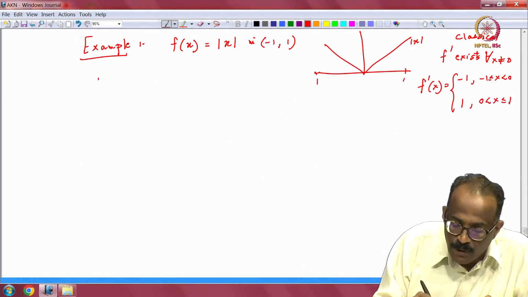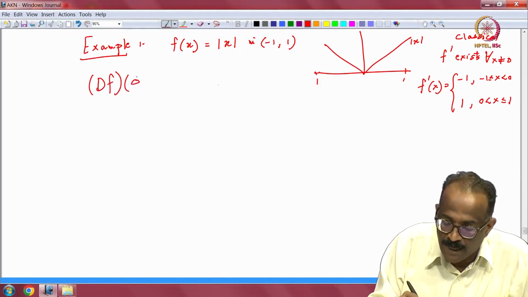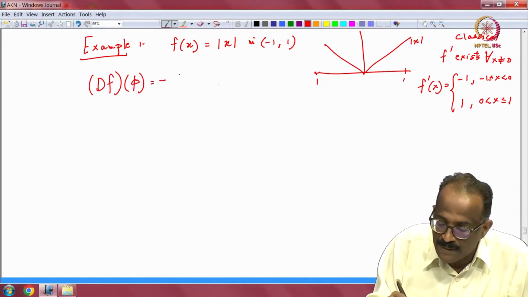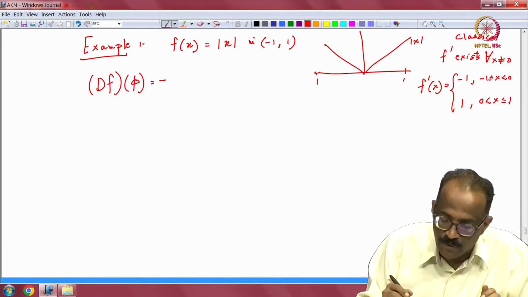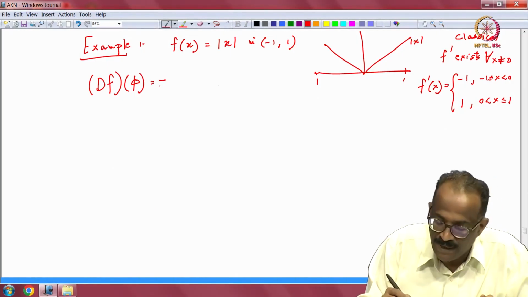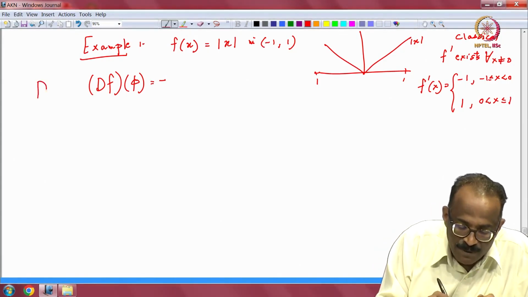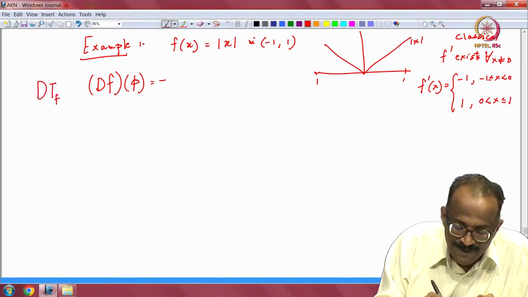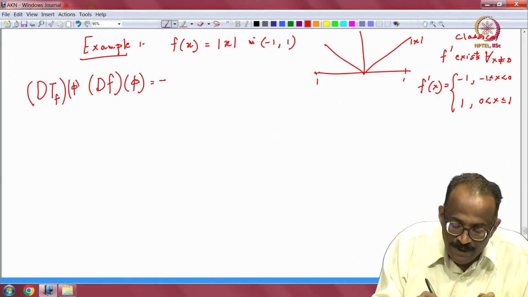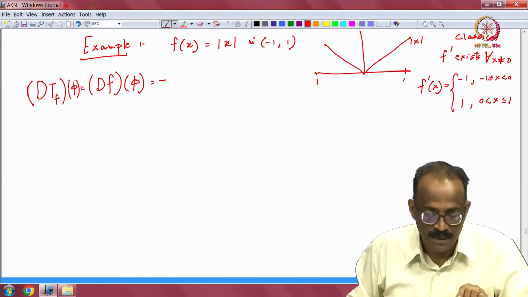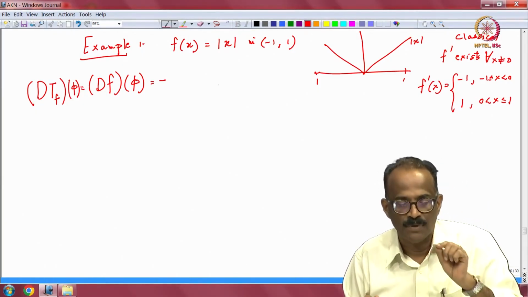We want to know whether the classical derivative gives the distributional derivative or something new. So let us compute the distributional derivative Df acting at phi, which is equal to minus the integral of f phi prime. Df means the corresponding derivative of the first order. Tf means we represent by f when it is viewed as a distribution.